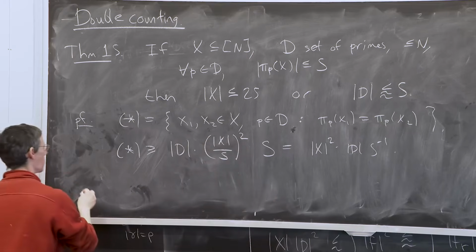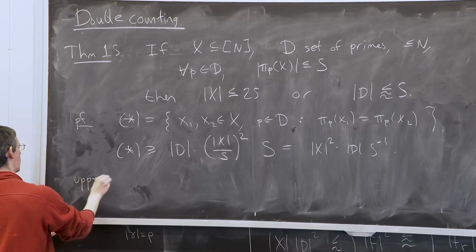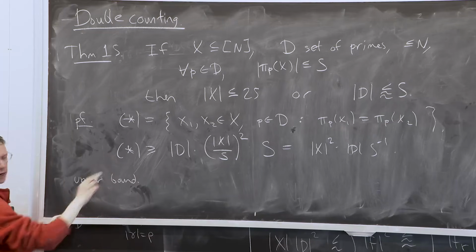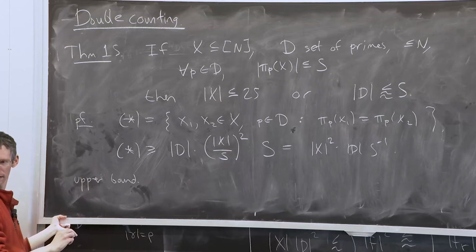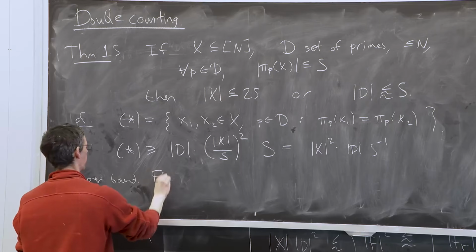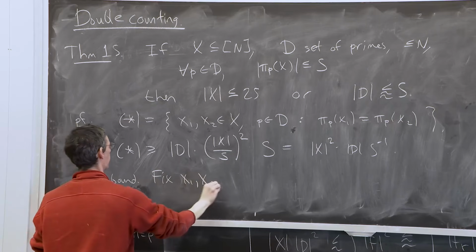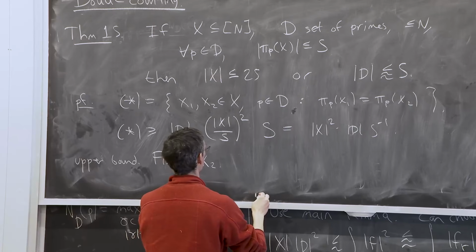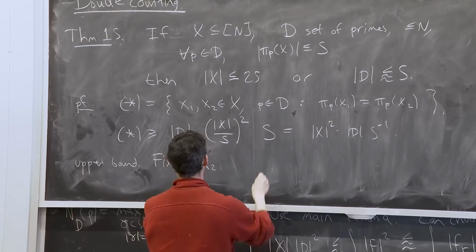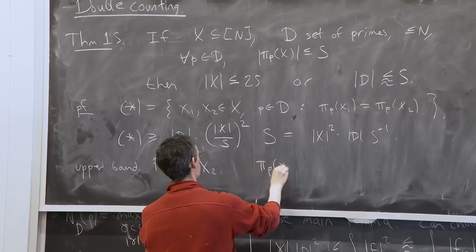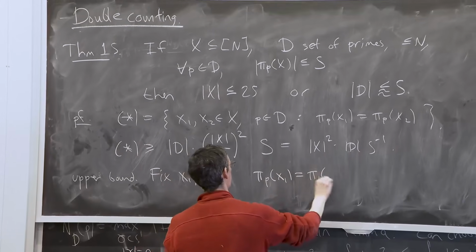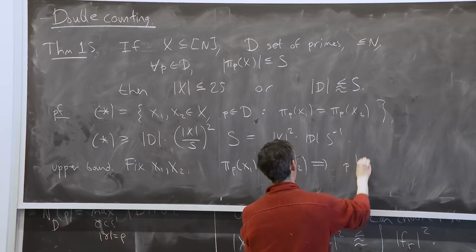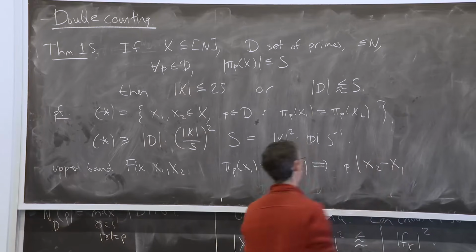OK, now what's our upper bound? So now I'm going to imagine fixing X1 and X2 and think about how many p's can satisfy this. If I have pi p of X1 equal to pi p of X2, that tells us that p divides X2 minus X1.